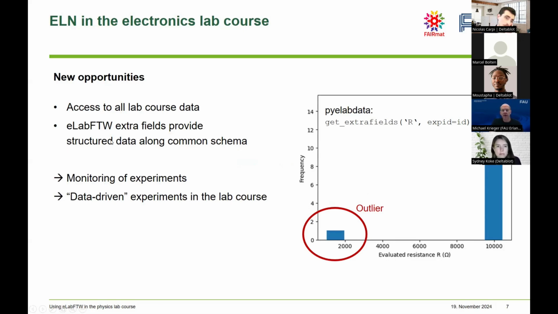And when you provide a common schema, so a specific name for the extra field, then you can collect all the data from all the groups in the lab course. And for example, you can monitor the experiments and see, okay, everyone has gotten 10 kilo ohms except one group. Something must be wrong here.